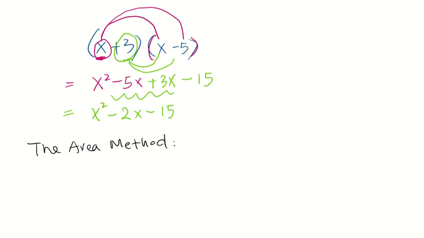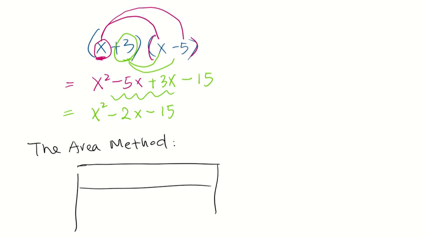Another way to do this problem is the area method. First you need to make a chart. With the first binomial, the two terms you put here: first term x, second term 3. And for the second binomial, you put the two terms on the top: first term x, next term negative 5.